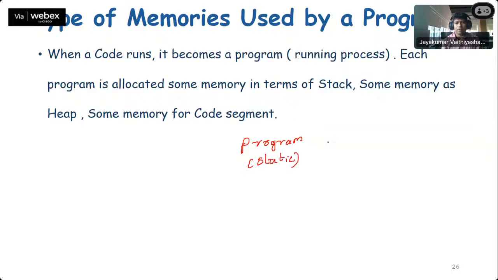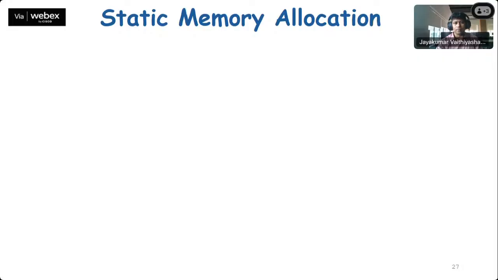If you run, compile, or execute it, it becomes a process. A process is nothing but your program which is in run state. Each program is allocated some memory as stack, some as heap, and some for the code segment. So there are different types of memory according to the variable, and your memories get allocated.